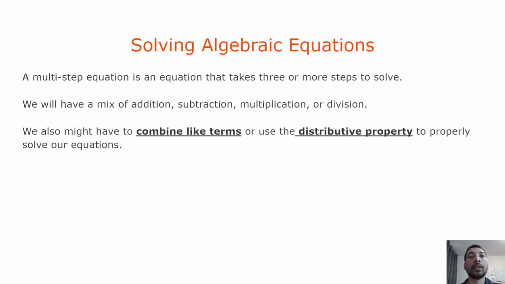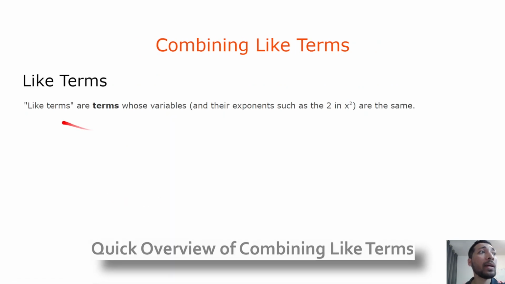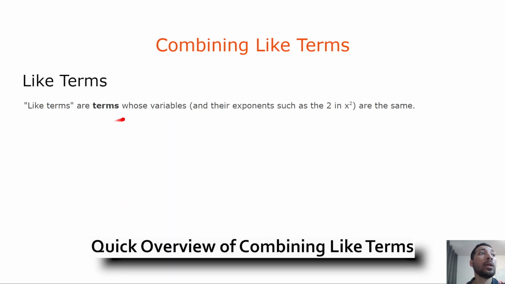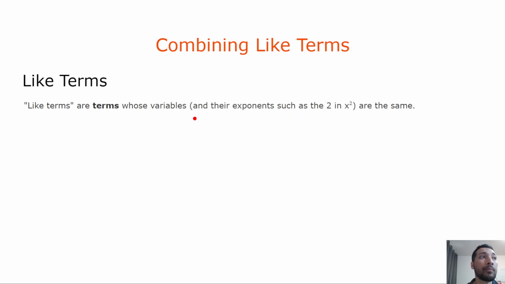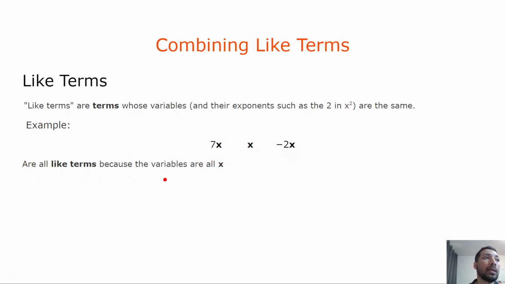All right, here is a quick overview of how we can combine like terms. Like terms are terms whose variables are the same. So if you have 7x, x, negative 2x, they are all like terms because the variables are all x.